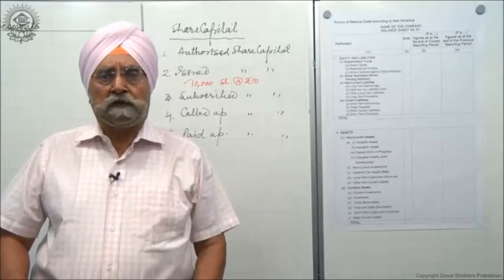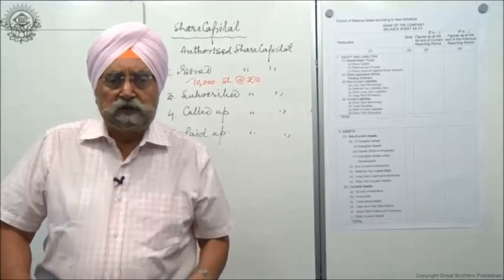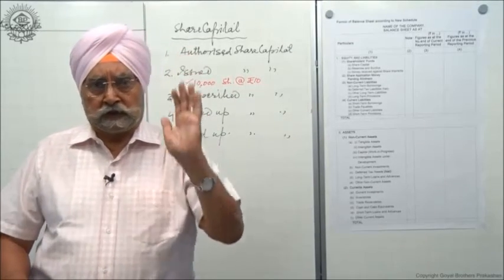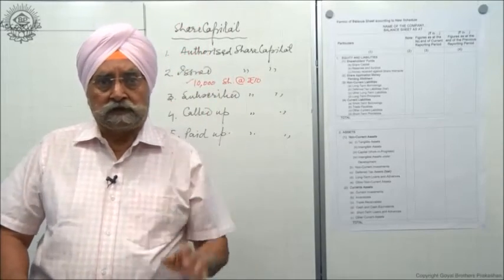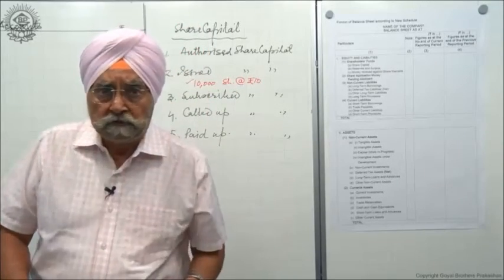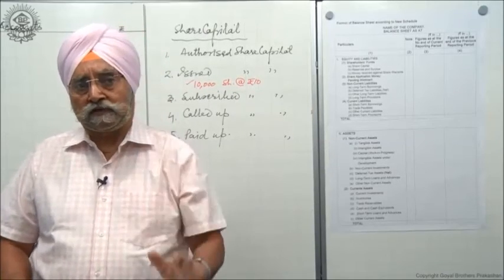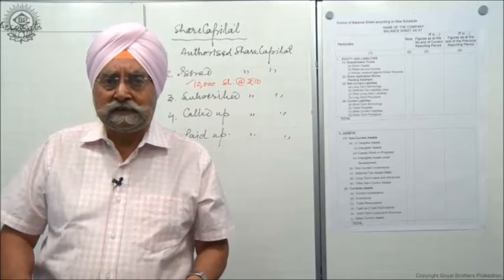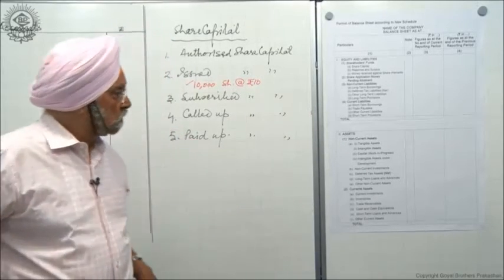So if they apply for the entire lot of 10,000 shares, we will say it is fully subscribed. People may apply more than 10,000, but the company cannot issue more than 10,000 shares. It will issue only 10,000 because it has advertised and issued prospectus for 10,000 shares. Okay?